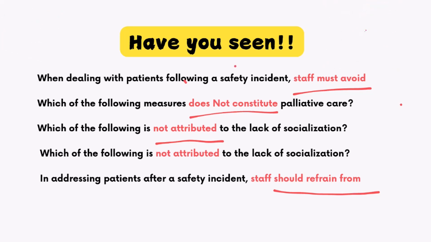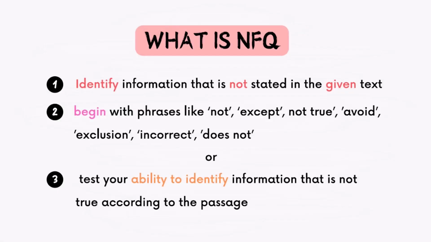So let's start. First, you need to understand what NFQ is. NFQ indicates negative factual questions. All right. So identify the information that is not stated in the given text. And it begins with phrases like not, except, not true, avoid, exclusion, incorrect, does not, likewise.